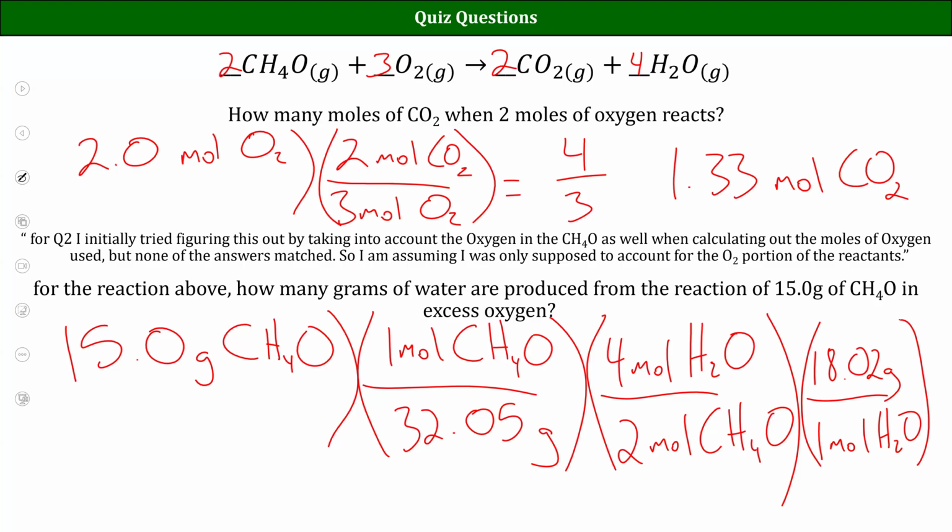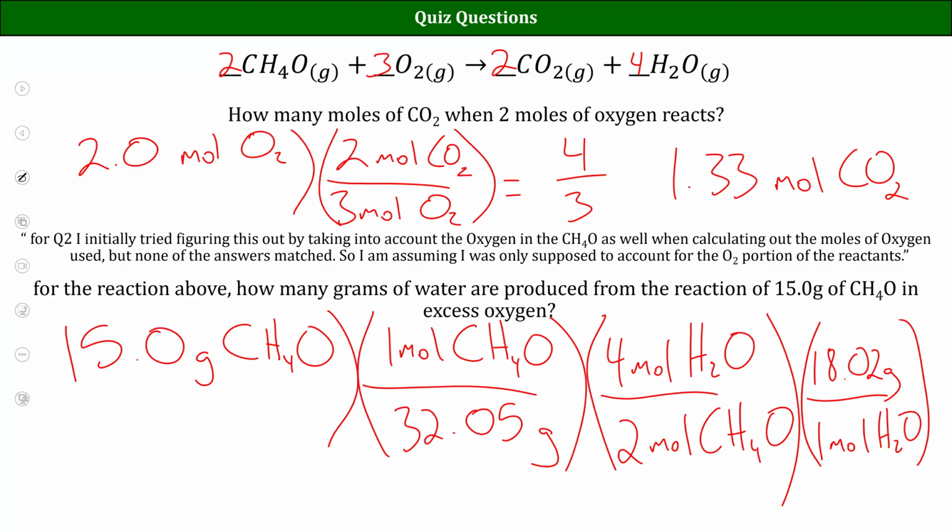All right, how do we feel about these mass to mass stoichiometry problems? Shaky? When in doubt, don't try to do it all at once. If you're still feeling shaky about this, stop when you get it from grams to moles of methanol and then do your stoichiometry step and get an answer in moles of water, and then do your molar mass of water.